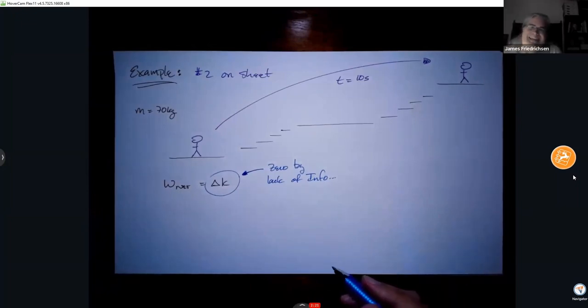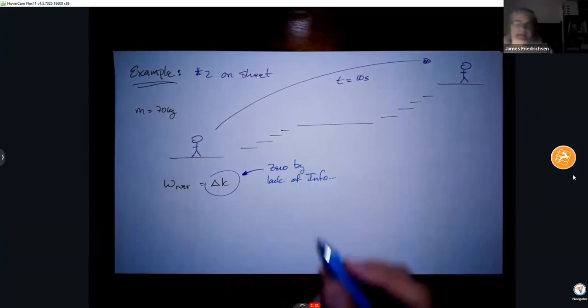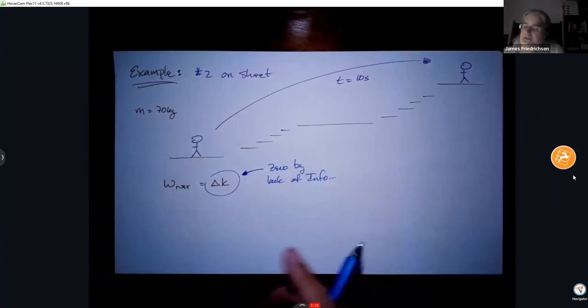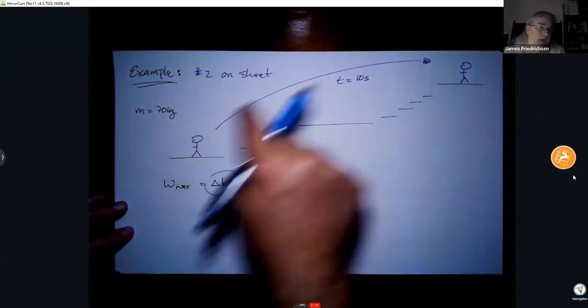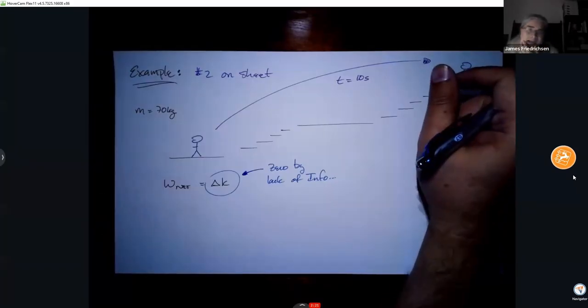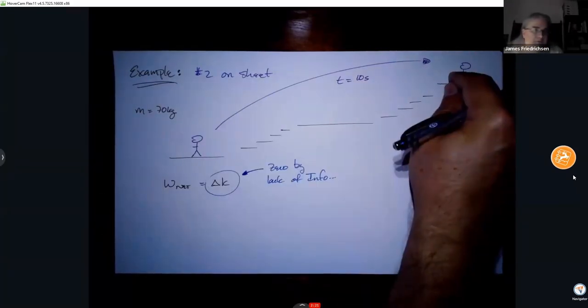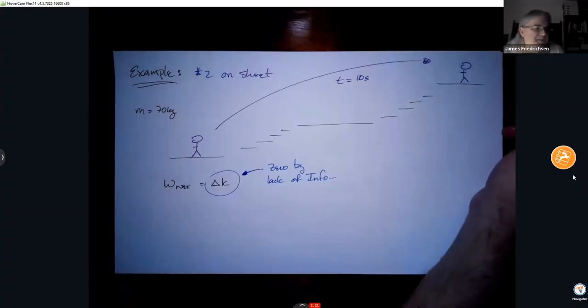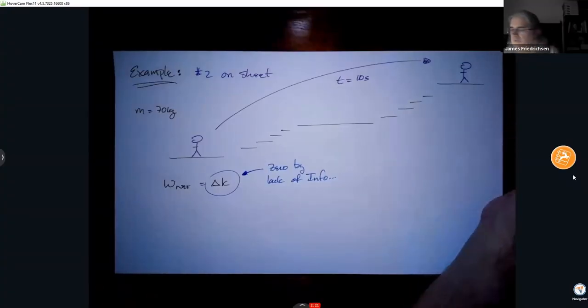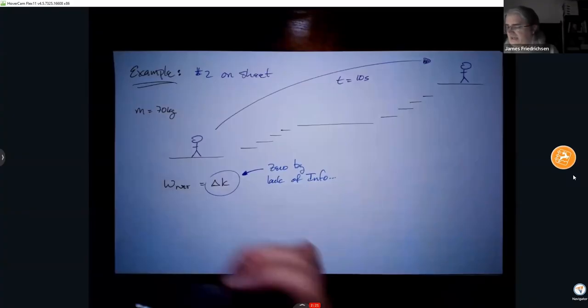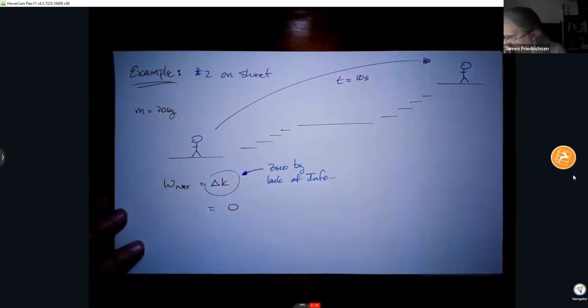So by not saying anything, we're stating that really the kinetic energy did not change. So either it remains the same, both at the bottom and at the top, or a lot of times they might say going from rest to rest. But it wasn't explicit in the wording of the problem. But what we get is that this change in the kinetic energy is going to be 0.